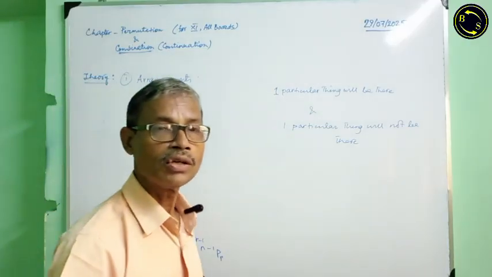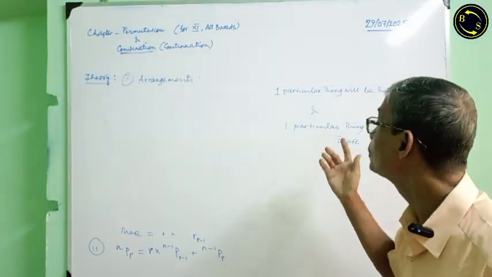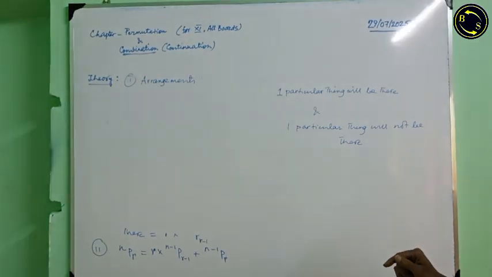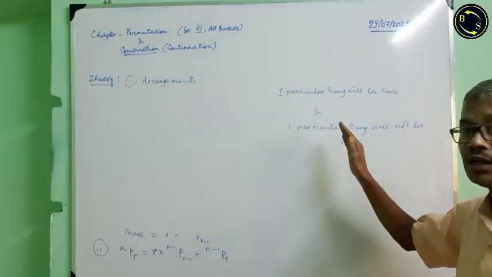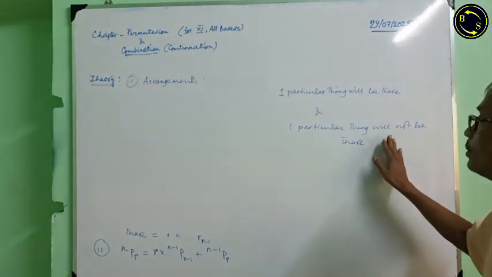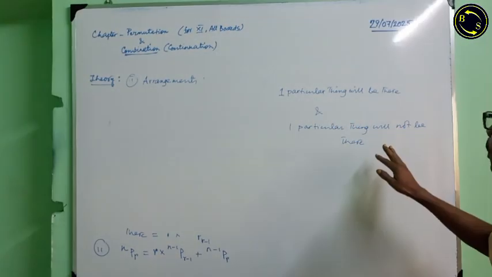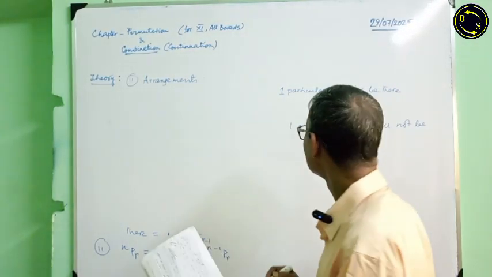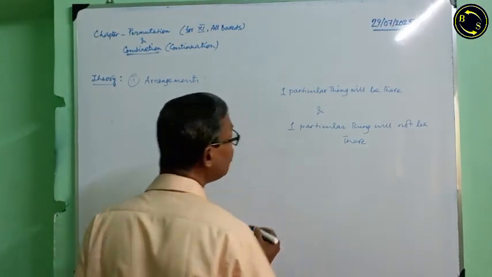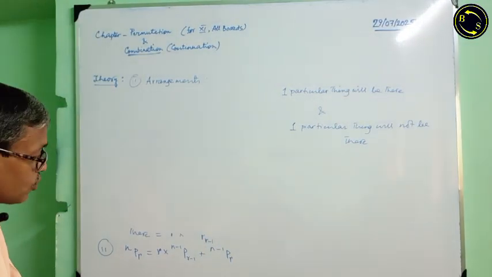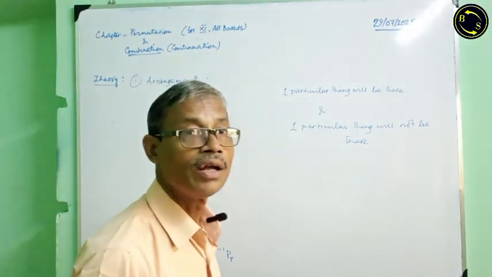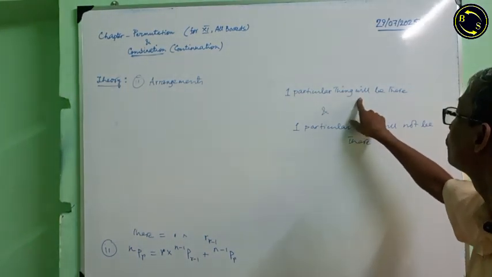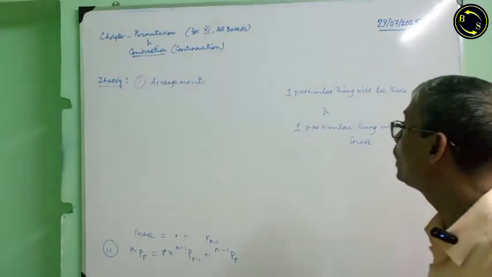One particular thing will be there always while we are taking r things at a time, and in the other part one particular thing will not be there. Now if we combine these two, we get the permutations of n things taking r things at a time.